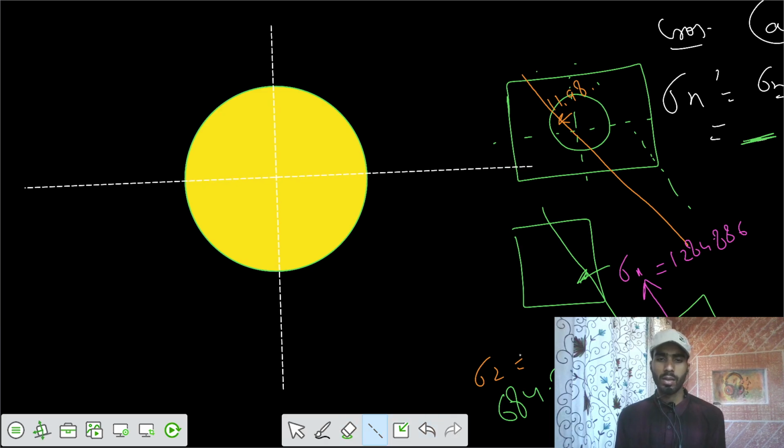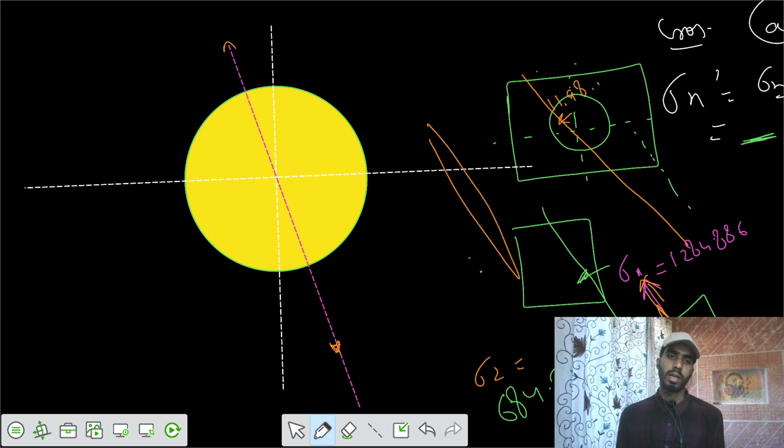So at an angle of 11.98, along this line you have a tensile stress. That means along this line it's getting elongated. And perpendicular to that you have compressive stress developed. So this is sigma 2 compressive, and this is sigma 1 tensile.